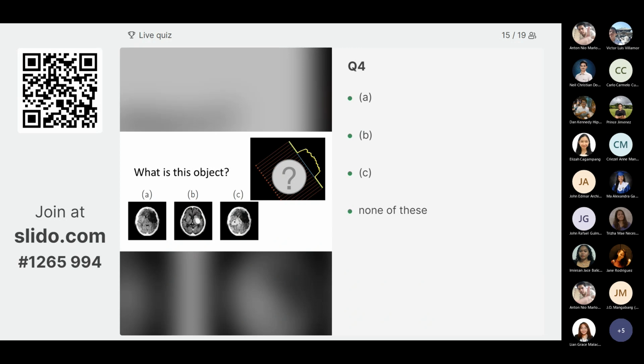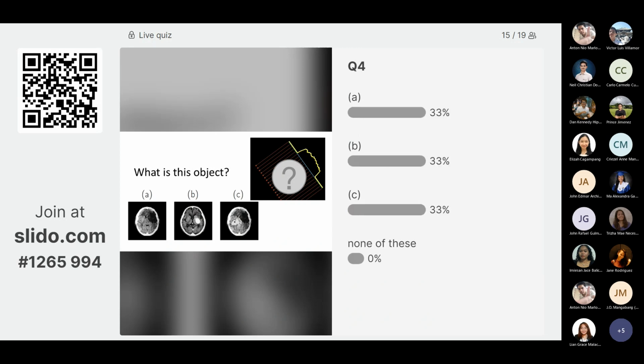Sorry, dapat pala talaga sinide by side ko yung options. Next time. Oh, evenly divided. Alright. Wala talaga nagsasagot ng ano. Sagot ay letter C.